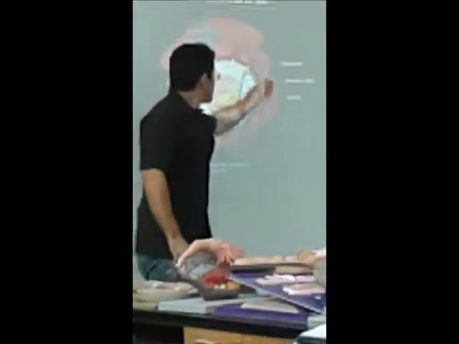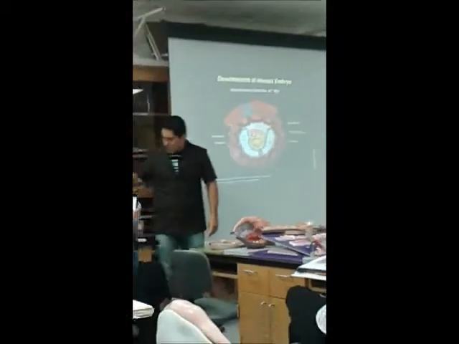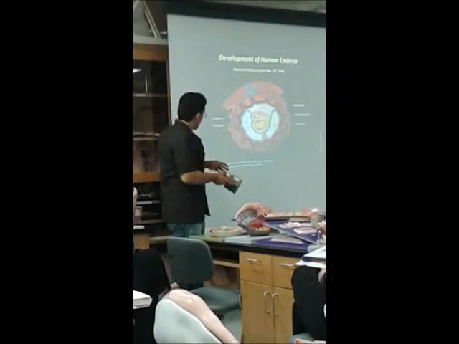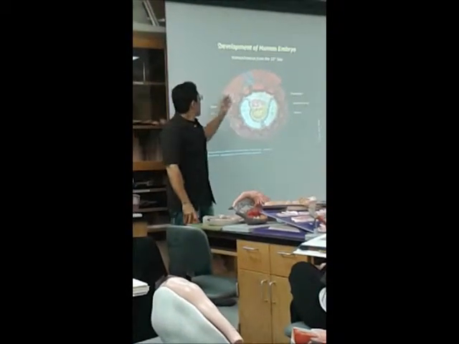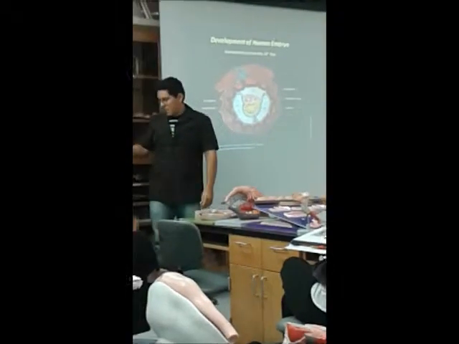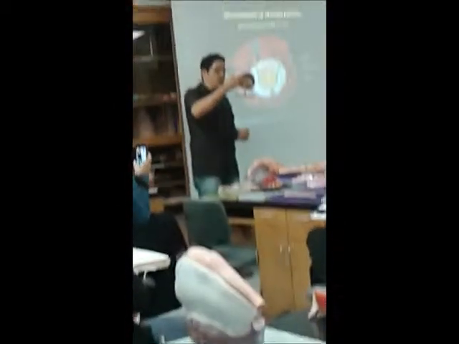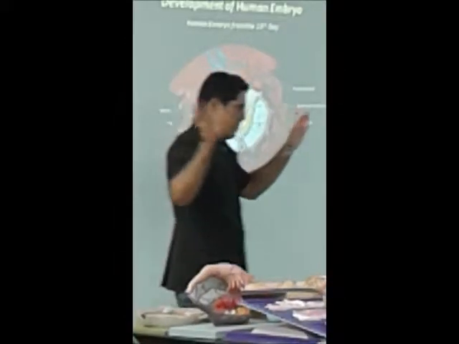What is this muscle? That muscle, okay, the first portion is going to be the endometrium, and the muscle itself will be the myometrium. But in this case, just endometrium.